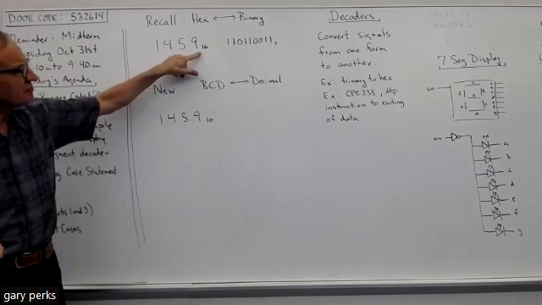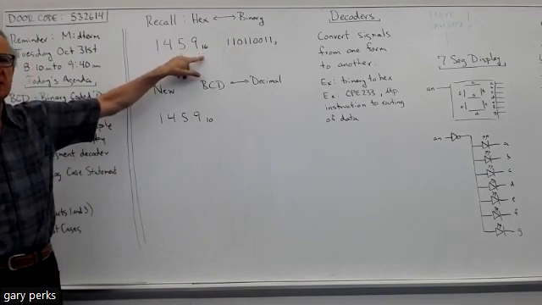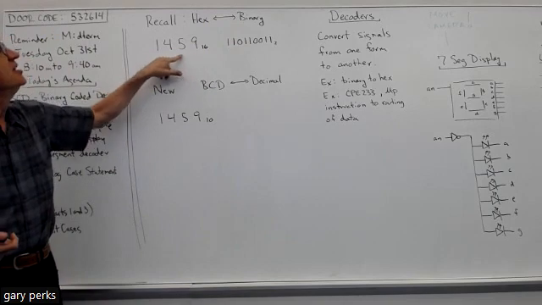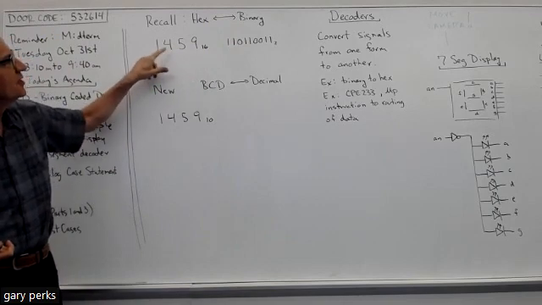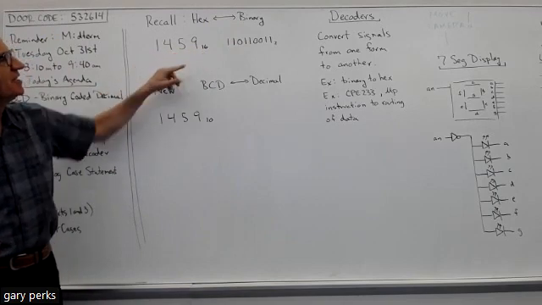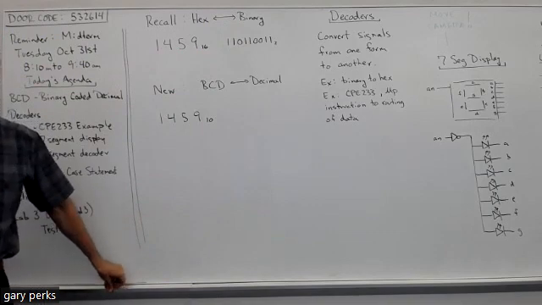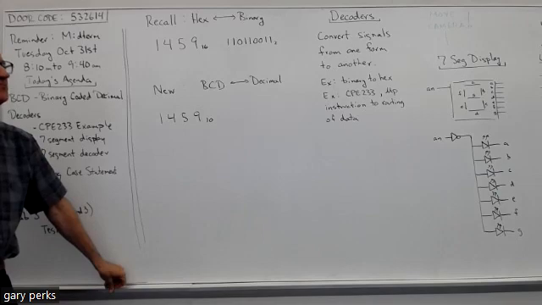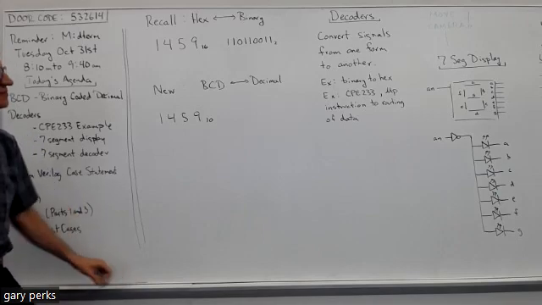Remember, this is a way that we can show the base, with a little subscript. If I wanted to go directly from 1459 in base 16 to binary, what would I do? You would have 4 bits for each digit, and then you just get the value in binary.